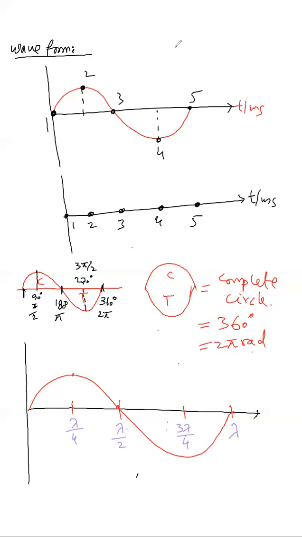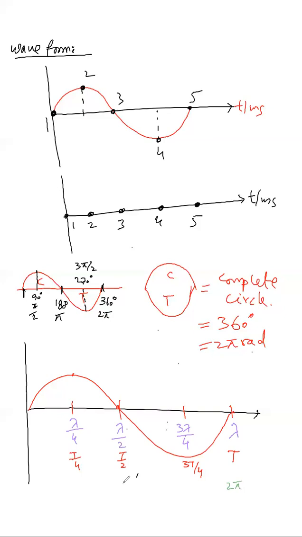You can also do it for time: for one complete wave the time period is T, for half wave it is T by 2, for quarter it is T by 4, and for 3/4 it is 3T by 4.